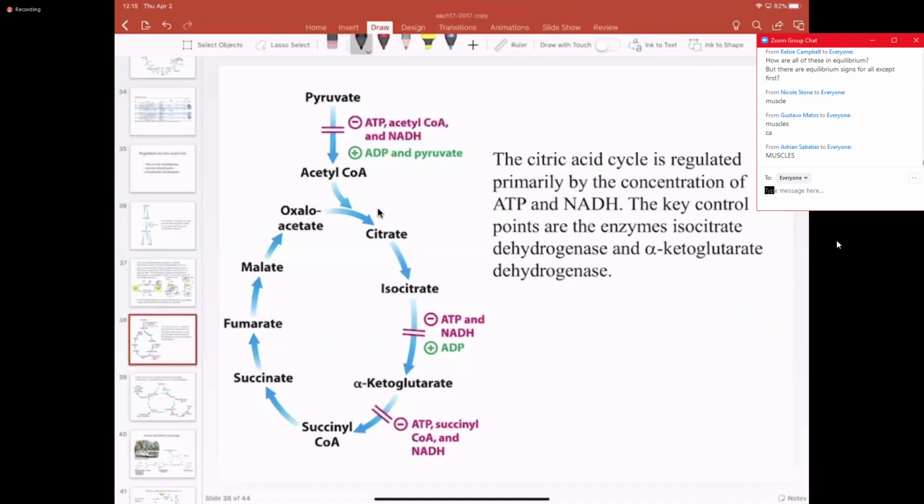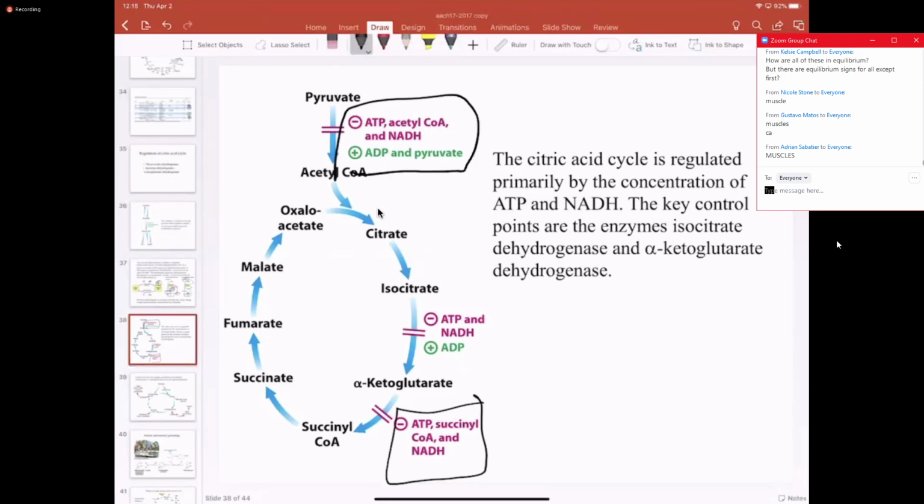Shown here is a little more schematic for the whole pathway. In this case, we look at pyruvate dehydrogenase. Pyruvate dehydrogenase has similar things to the alpha-ketoglutarate dehydrogenase in the sense that you have ATP, succinyl-CoA, and NADH. Succinyl-CoA is the product for the alpha-ketoglutarate.